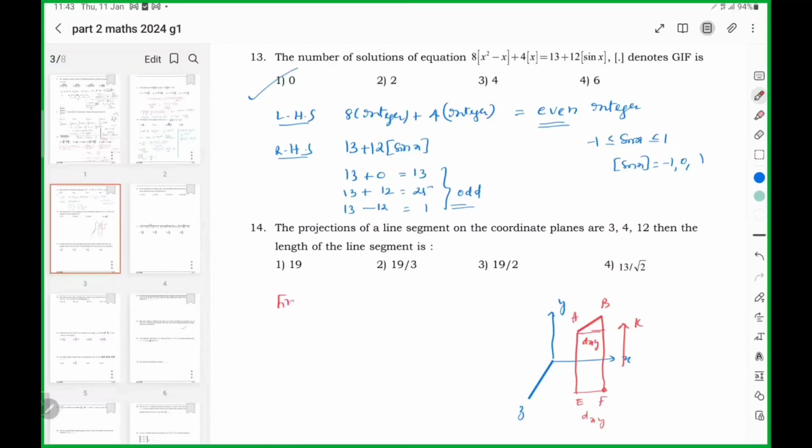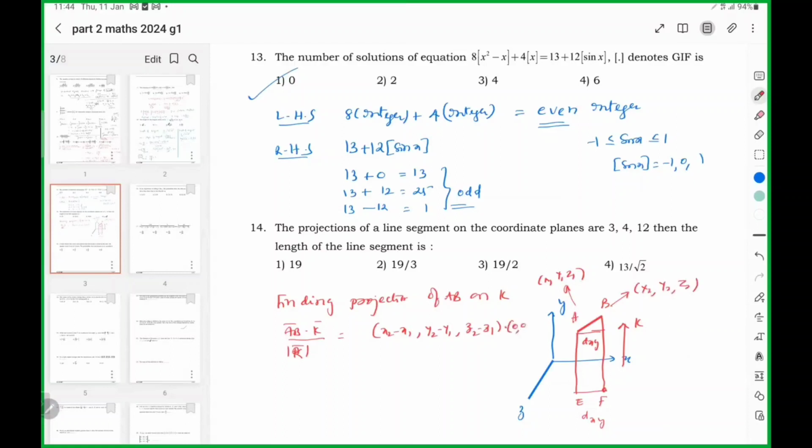Finding projection of AB on K, which is AB dot K by mod of K. So here A x2 minus x1, so A represents one point, x1, y1, z1, B represents the other point.